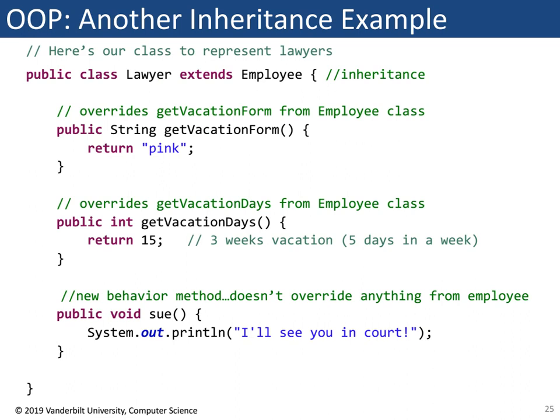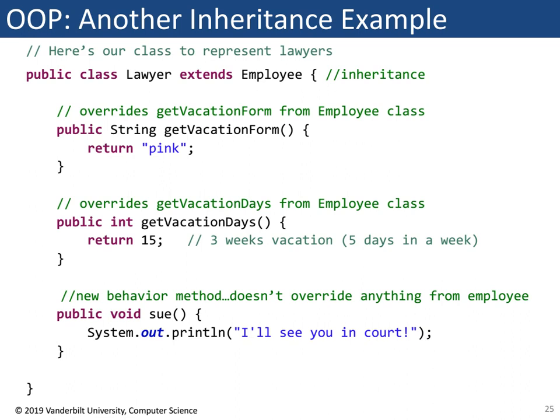However, for a lawyer, that's incorrect. We want to return pink. So we want to override, which is to replace the get vacation form method in the employee class with our own get vacation form method in the lawyer class. So that when we call some lawyer object dot get vacation form, we don't wind up with the value yellow, we wind up with the value pink.